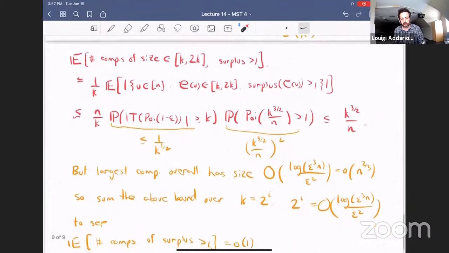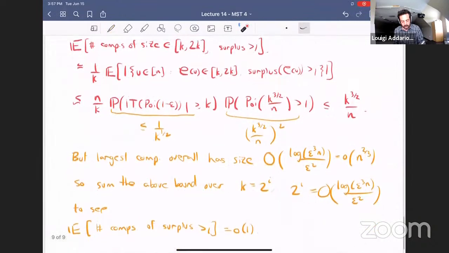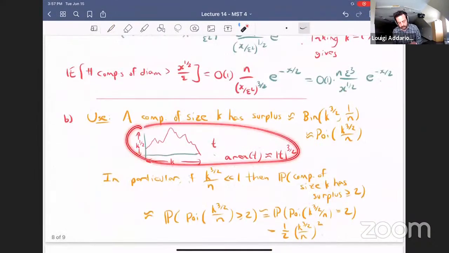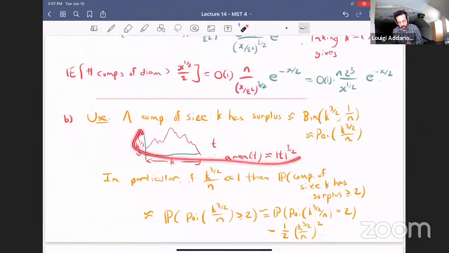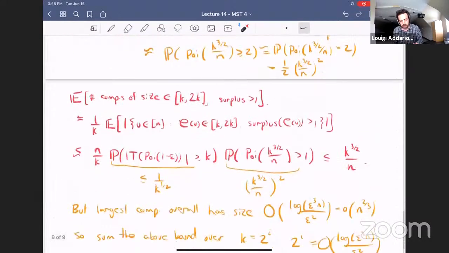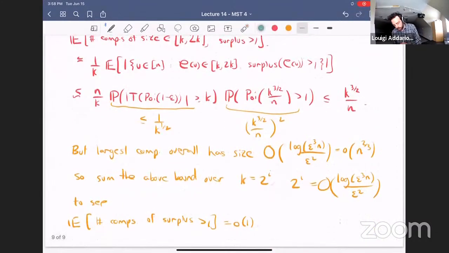Up to this heuristic, which again is a step that needs a little bit of justification, if you believe this approximation here, then the rest follows quite straightforwardly.